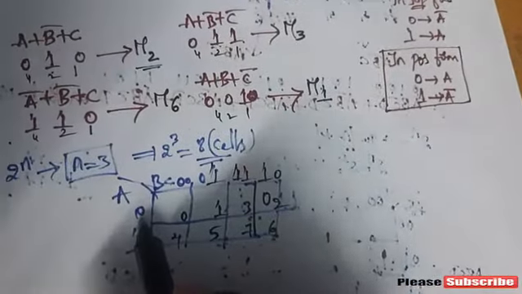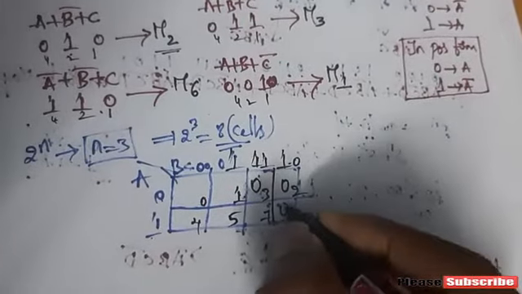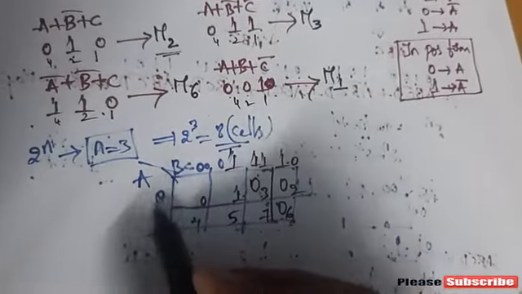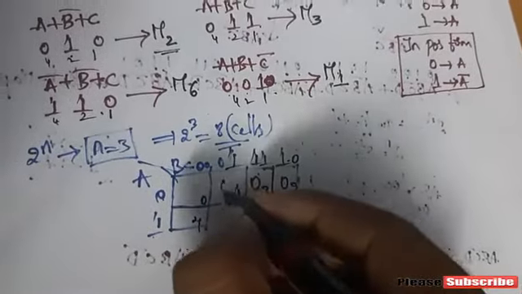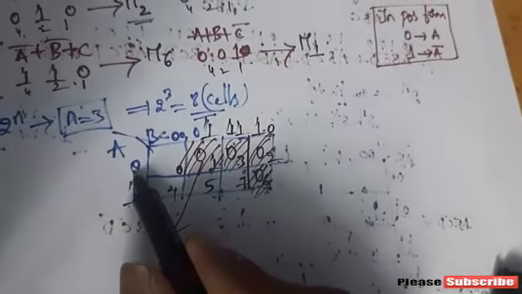Next, 0 1 1, 0 1 1, 0. Next 1 1 0, 1 1 0, 0. Next 0 0 1, 0 0 1, 0. This will be represented like this. 0 0 1 will be A plus B plus C bar.